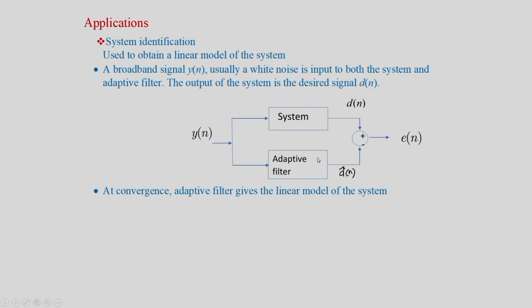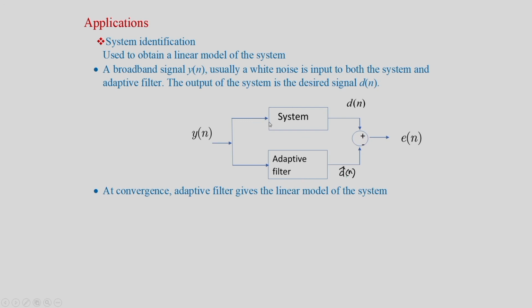So, the adaptive filter will estimate d hat n, and the error will be computed. This error En will be now used to update the adaptive filter coefficients. That block we have not shown, but this error will be sent to the adaptive filter algorithm to compute the filter coefficient iteratively.